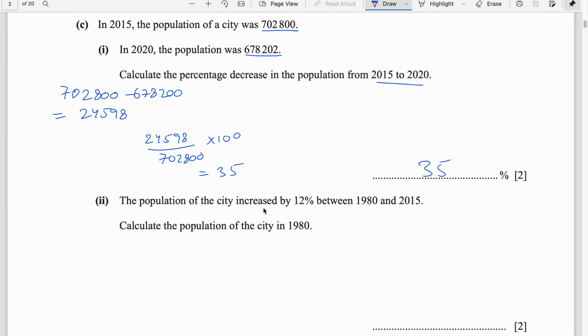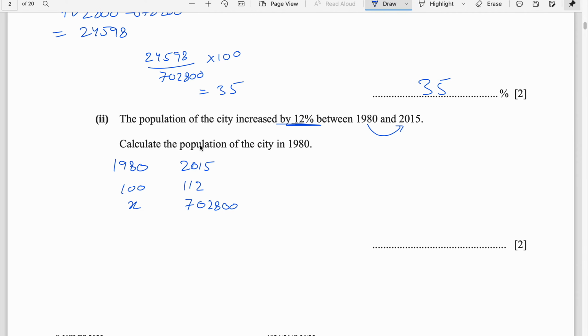Second part says the population of the city increased 12% between 1980 and 2015. Calculate the population of the city in 1980. So in 1980, in comparison to 2015, if we take this as 100%, it increased by 12%. This is unknown, and the 2015 population given is 728,000, and then we cross multiply.